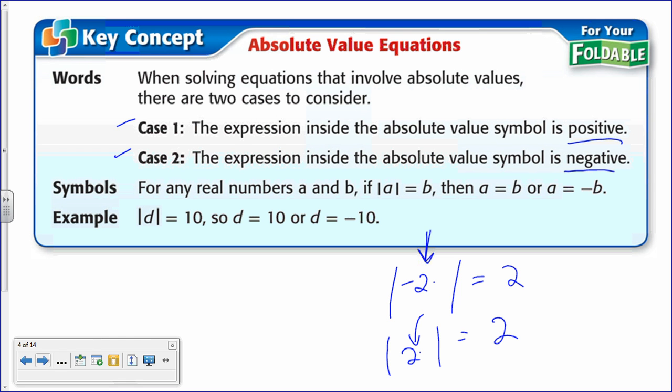Need to pay attention. For any real numbers a and b, if the absolute value of a equals b, then a equals b or a equals negative b. So I can have either a positive or a negative inside, and it's still going to come out to be the same thing. Then they give you an example.